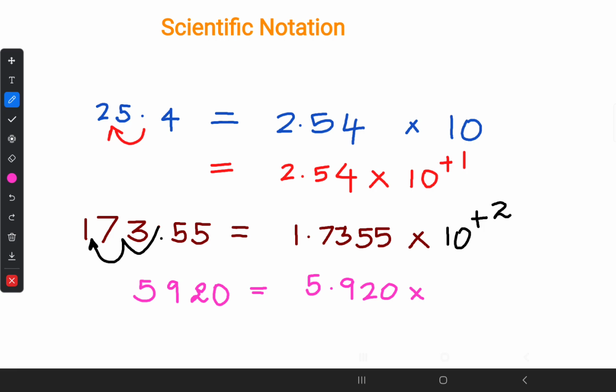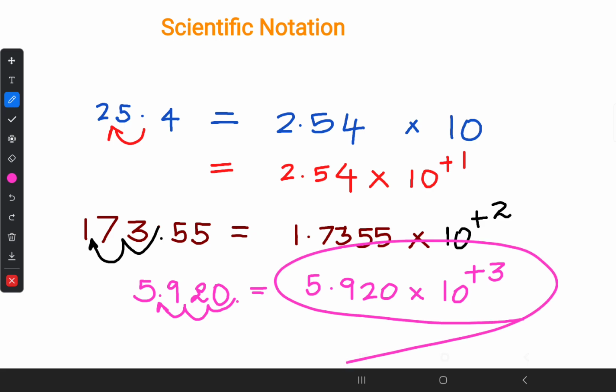That means if there is no decimal given in a number, you should determine the decimal is located after the last digit of the number. So here let's check 1, 2, 3. When you express the total value as a multiple of a number in between 1 to 10, the decimal should move 3 digits left hand side. So 10 with the power of positive 3.